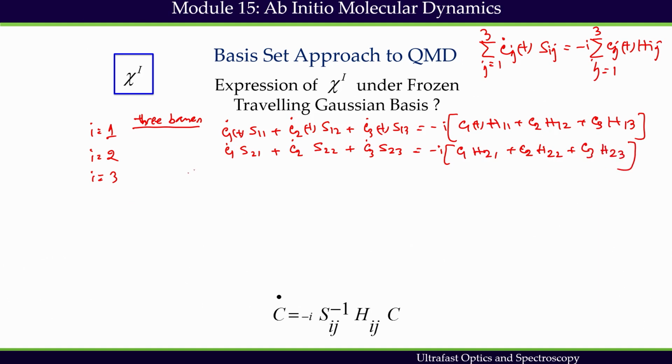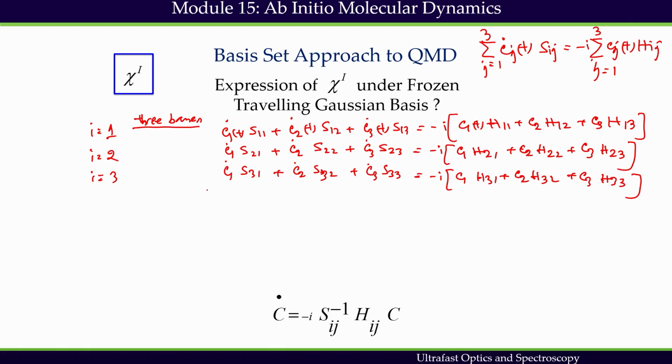And again for i equals 3, I can write down c1 dot S31 plus c2 dot S32 plus c3 dot S33 equals minus i times c1 H31 plus c2 H32 plus c3 H33.